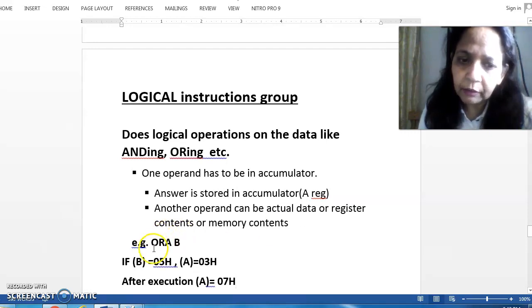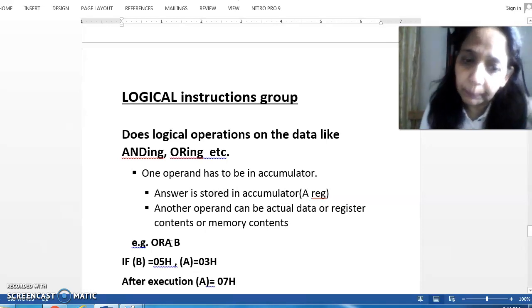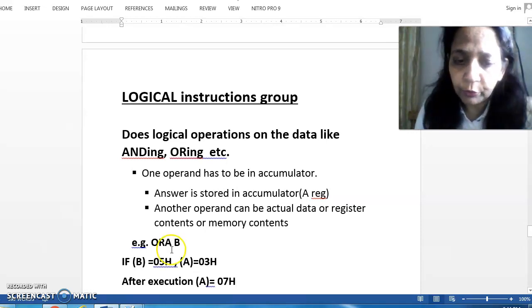For example, if I say ORA B, ORA is the mnemonic and B is the name of the register. What do you mean by this? OR the contents of the B register with the A register. In the OR operation, if one of the bits is 1, the output will always be 1.